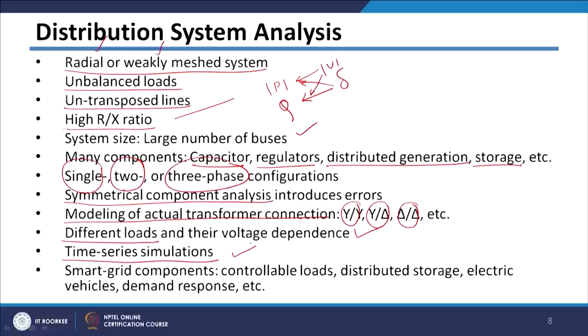Those smart grid elements are controllable loads, distributed storage, battery storage, electric vehicles and demand response activities designed by utilities. So, because of them your distribution system analysis is important.